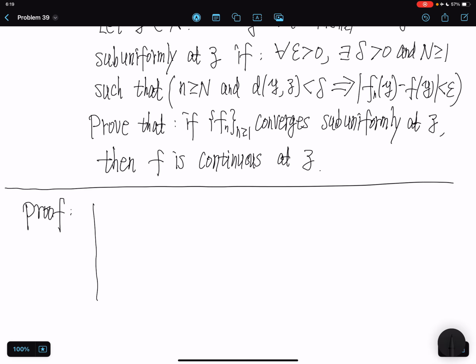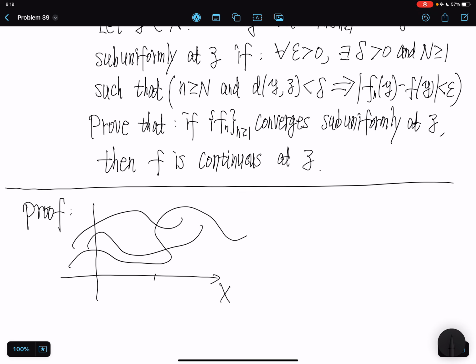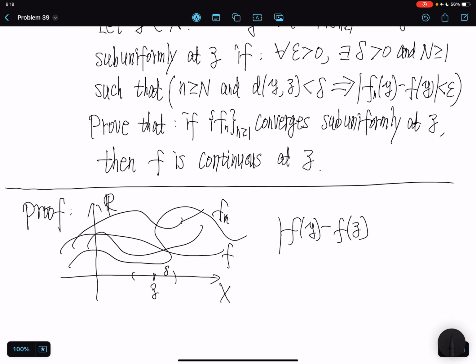This is pretty much a standard epsilon delta proof, right? So we have a sequence f sub n, and then we have some f, and at z it converges subuniformly, so we have some delta. It all boils down to this: we want to estimate the absolute value of f of y minus f of z.